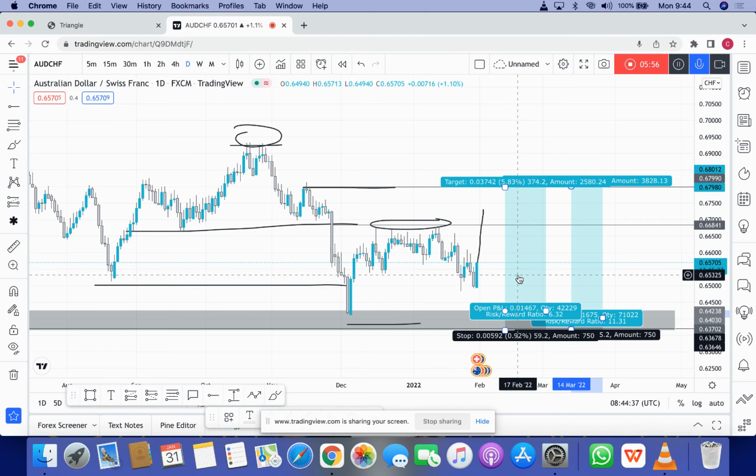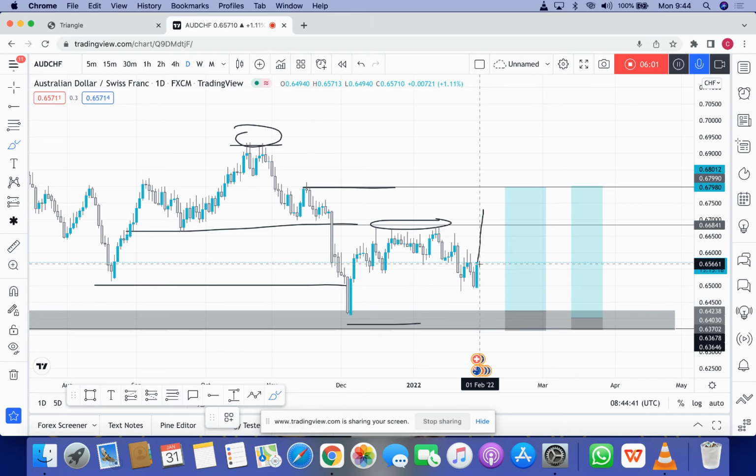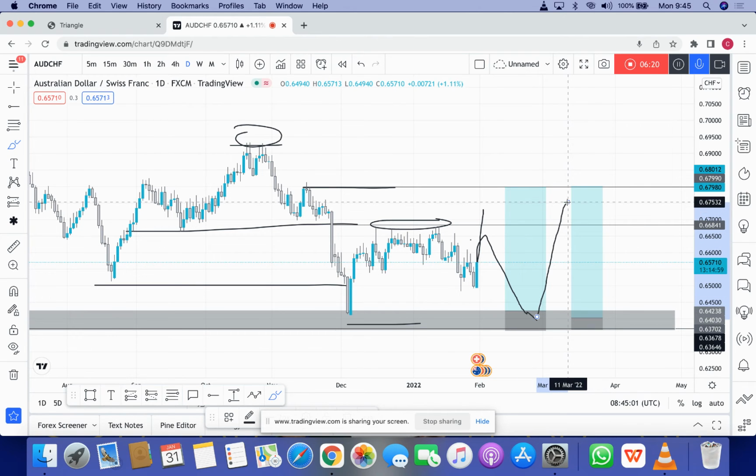Can you use either this one or this one? What we are expecting is price should find rejection somewhere around here, come down here, either at this point or move lower a little bit to trigger this 50% entry, and move to the upside.